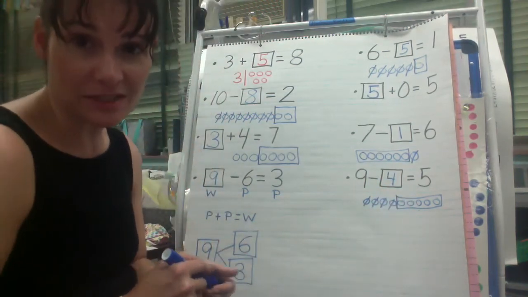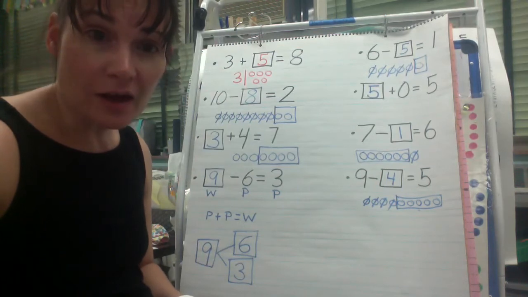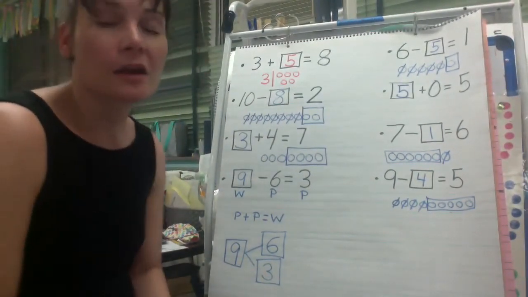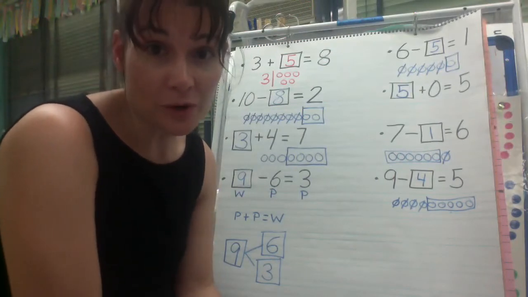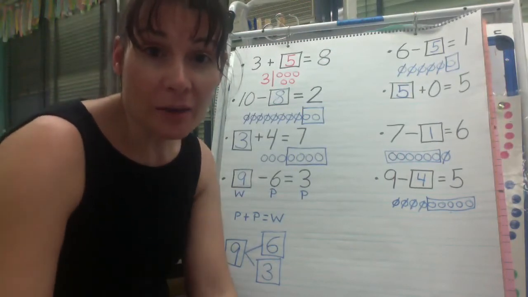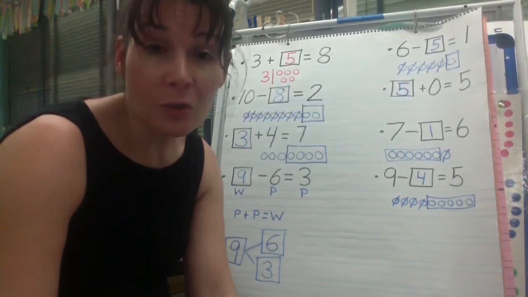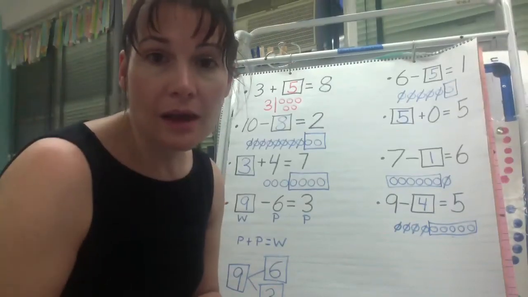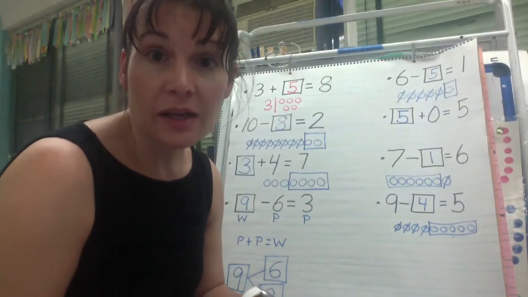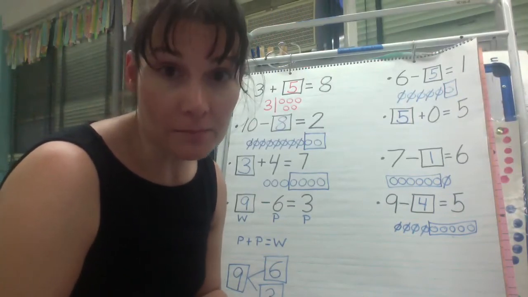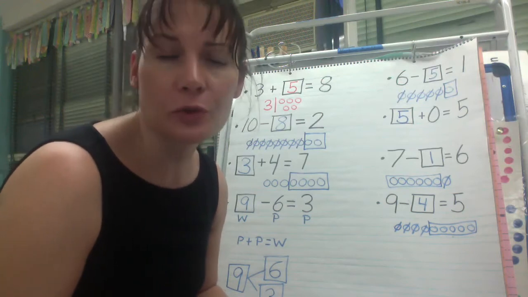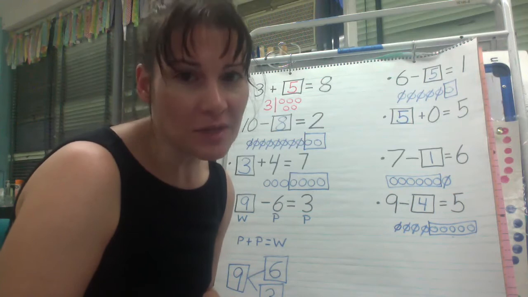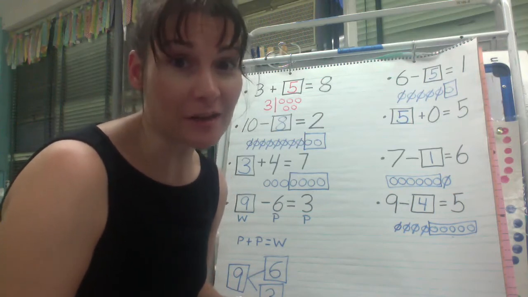Great job, mathematicians. So now we're going to think about a game called Counters in the Cup. You may have heard of this game before. I'm going to start off with 8 counters. I'm going to shake them up in my cup, and I'm going to take a few out. And I want you to think about how many are still in my cup.